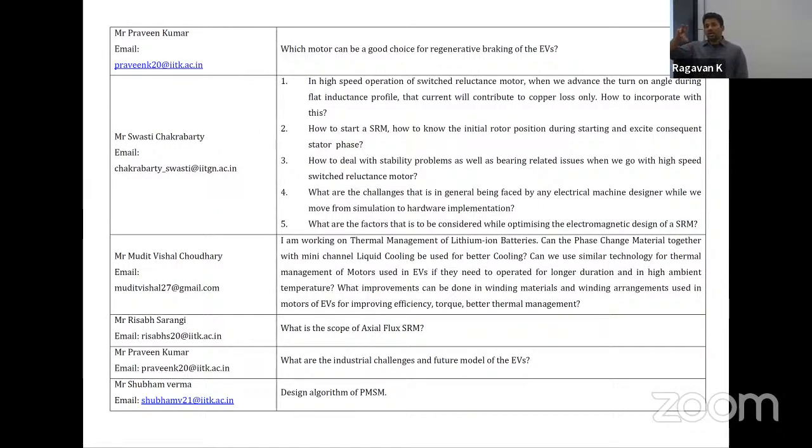So there are topologies that have been very popular, which have a PM assist to reduce the amount of permanent magnet. I have so far not seen anybody who says that eliminating PM altogether, especially for regen, would be the best, because it's fine for traction application, but the moment you start generating from it, your efficiency drops.